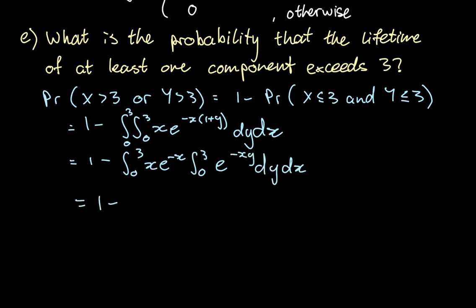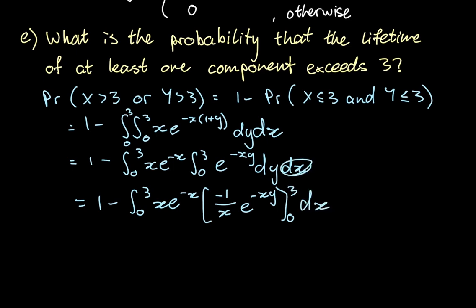Okay, so 1 minus the integral from 0 to 3, x e to the negative x. And then this here, integrated in terms of y, is just e to the negative xy, times negative 1 over x, from 0 to 3, and this is in terms of x.